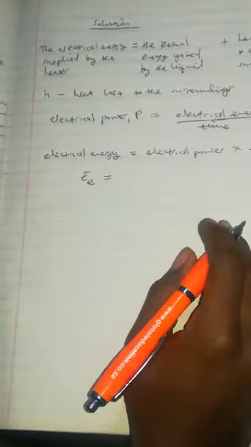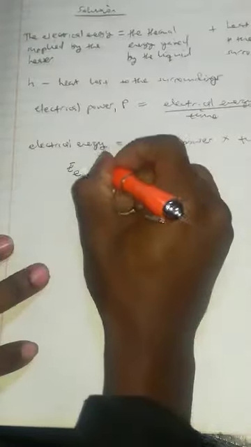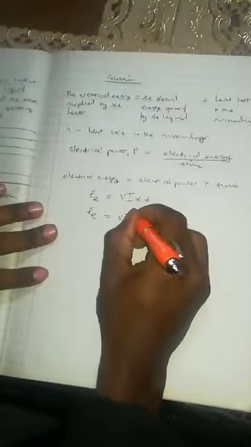We know that power is equal to voltage multiplied by current, so that gives VI. So electrical power is voltage multiplied by current, represented by V and I, multiplied by T. So we have electrical energy E subscript E, which is VIT.